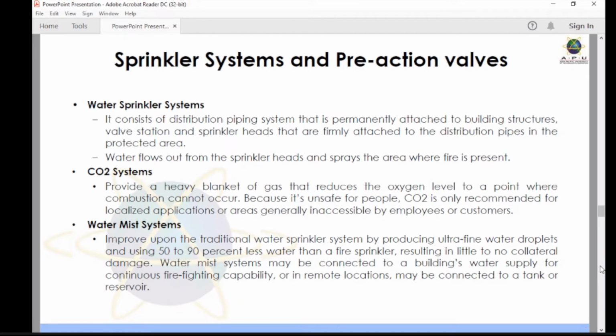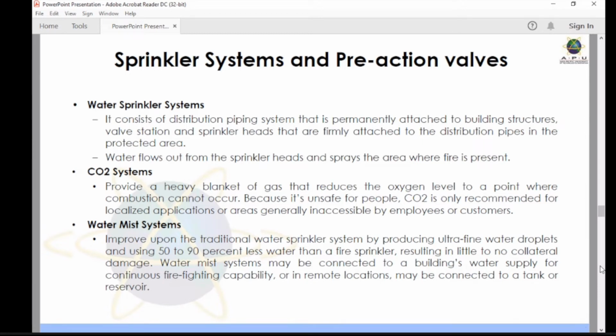So there are three types of sprinkler systems. One is the water sprinkler system, which distributes water. Another is the CO2 system, which provides a heavy blanket of CO2 gas, and the other is the water mist system, with very small, ultra-fine particles of water.